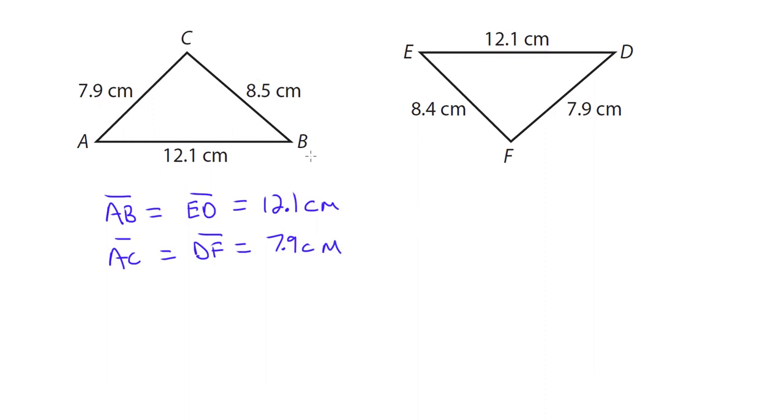But now look at BC and EF. BC measures 8.5 centimeters and EF measures 8.4 centimeters. So BC is not equal to EF. Therefore, these two triangles are not congruent.